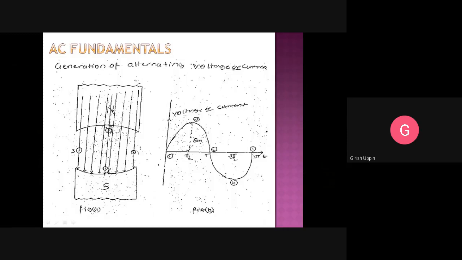Now, from position 2, I continue to rotate the conductor and it reaches position number 3. At position 3, the direction of motion is exactly downwards, which is parallel with the magnetic flux. So the angle between them is 0. Therefore, the flux cut by this conductor at position 3 is 0, and the EMF induced in that conductor is also 0.